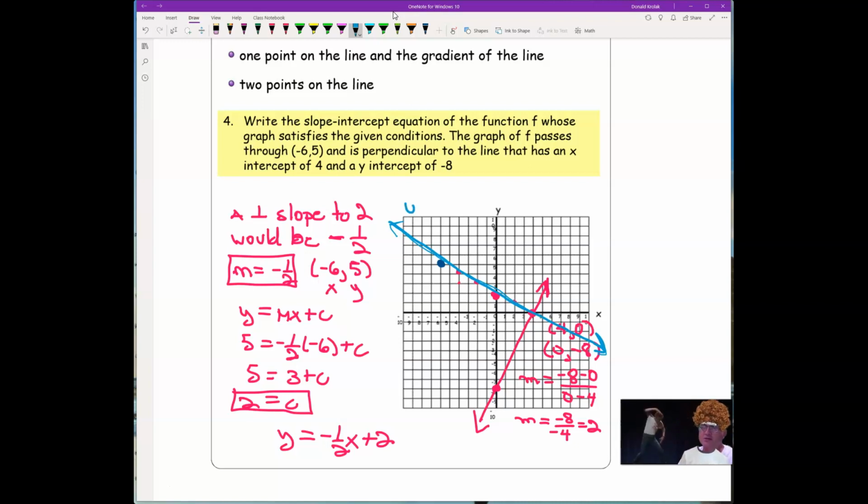And I should write it in function notation: f of x equals -1/2 x plus 2.